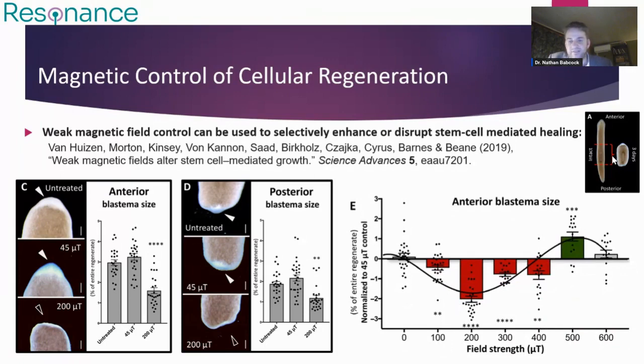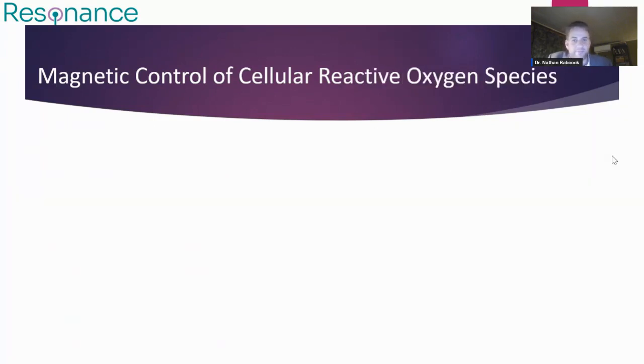And we see that different magnetic field strengths can, in fact, produce different healing outcomes, exhibiting a wide range of control of this kind of recovery process in this organism that is completely dictated by the magnetic field effect.